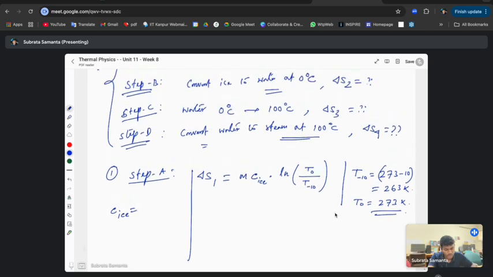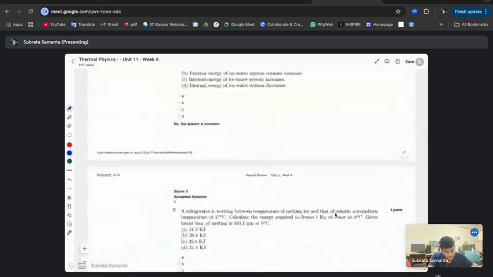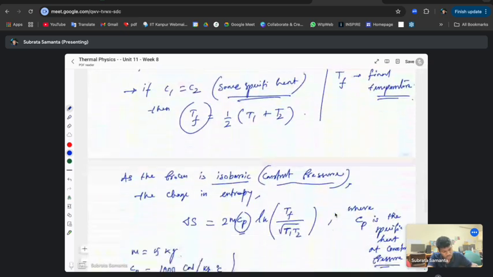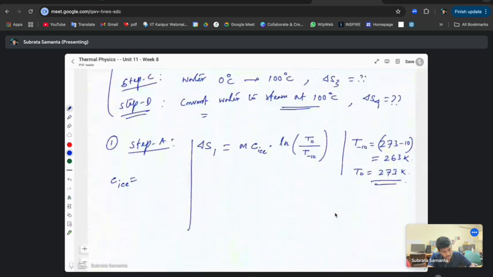So the specific heat of ice is 0.5 kilocalorie per kg degree centigrade. So this is the step A process.